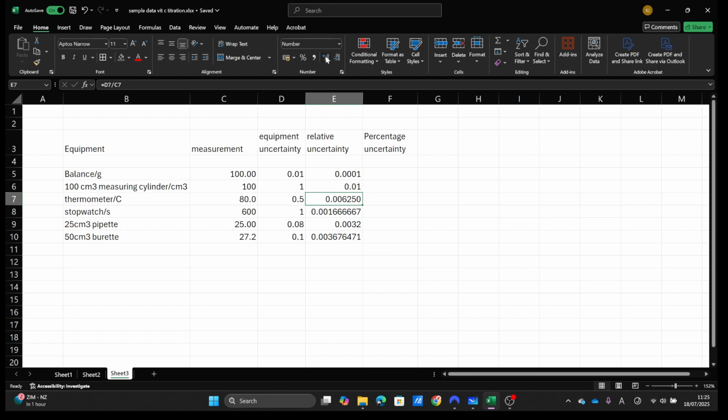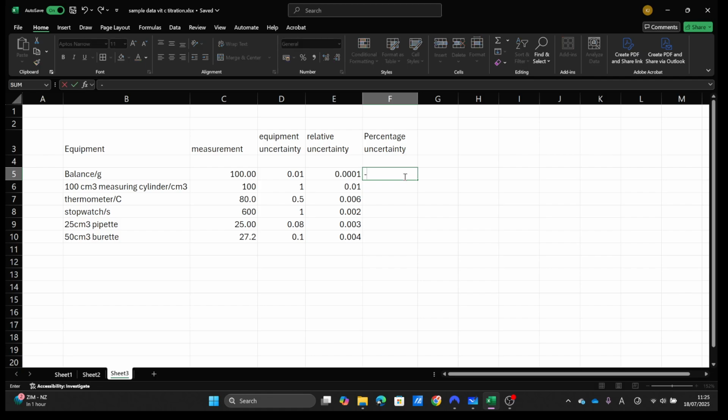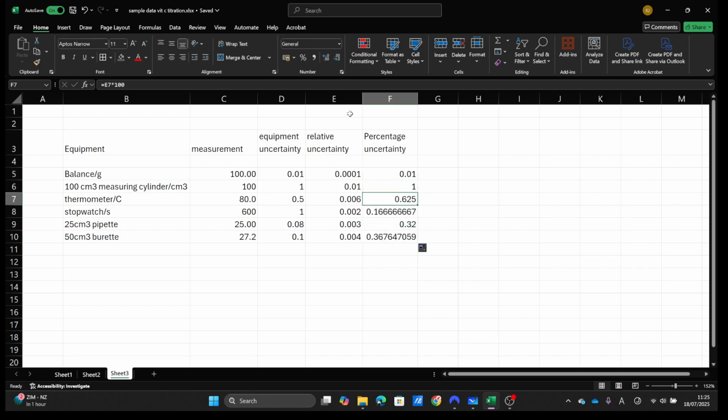So you're going to have to go through and make all of these 1 significant figure. Okay, I haven't worked out a way of doing this without just clicking through. This one is going to be that. The previous one times 100 to get my percentage. And just got to do the same thing again.